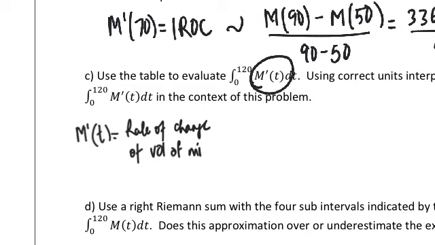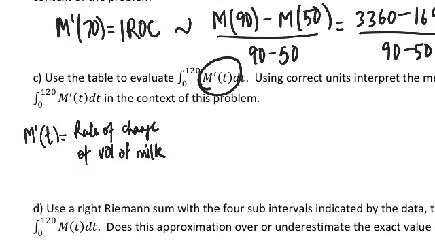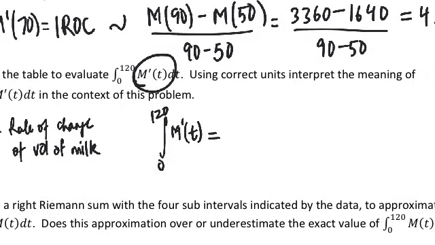So if we're integrating a rate, we're going to get the quantity. In a table problem like this, we don't know the equation for m or m prime. But we do know that m prime is the derivative of m, and so m is the antiderivative of m prime.